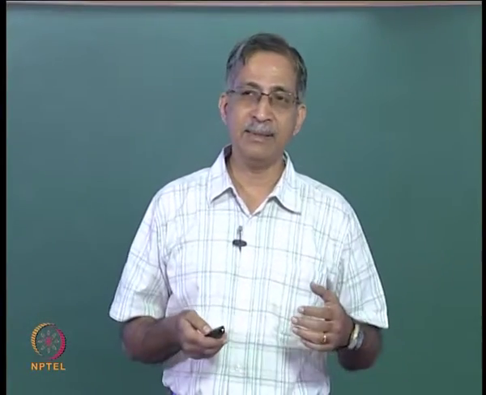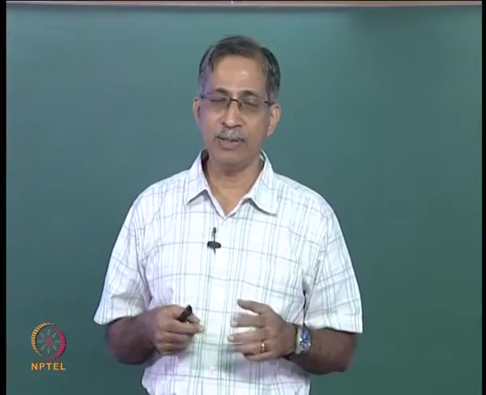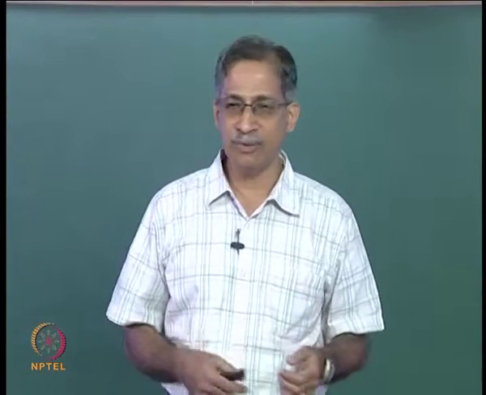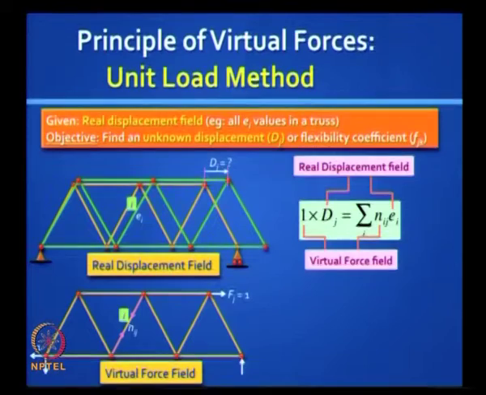And we are using the principle of virtual work because we are using the work as a bridge that connects the force field with the displacement field. Now if you do this product, you will get 1 into dj as the total external virtual work, because there is no other joint, no other force acting which moves, and the total internal work is the sum of nij times ei.